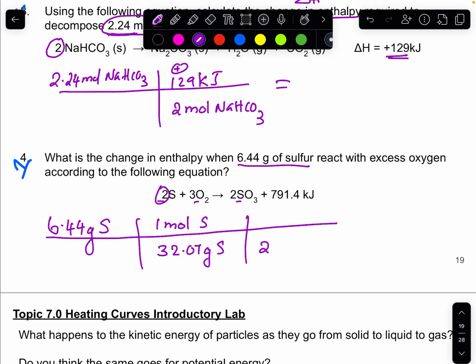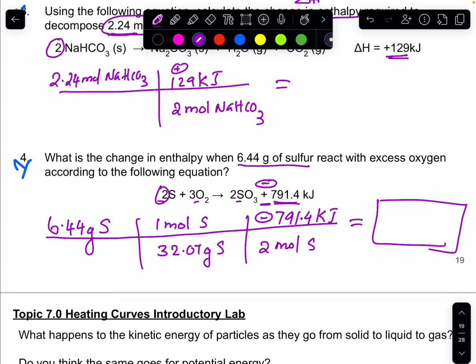It is 2 mole of sulfur here. 2 mole of sulfur is producing this. See, this is attached on the right hand side, so this will be negative 79.4 kilojoule. Then multiply and divide. That's how you solve these stoichiometry questions.